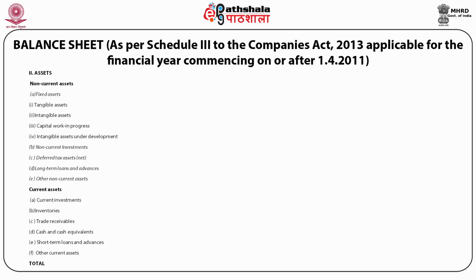Current assets include current investments, inventories, trade receivables, cash and cash equivalents, short-term loans and advances, other current assets. So, assets should be disclosed in this way while preparing the balance sheet of a company.